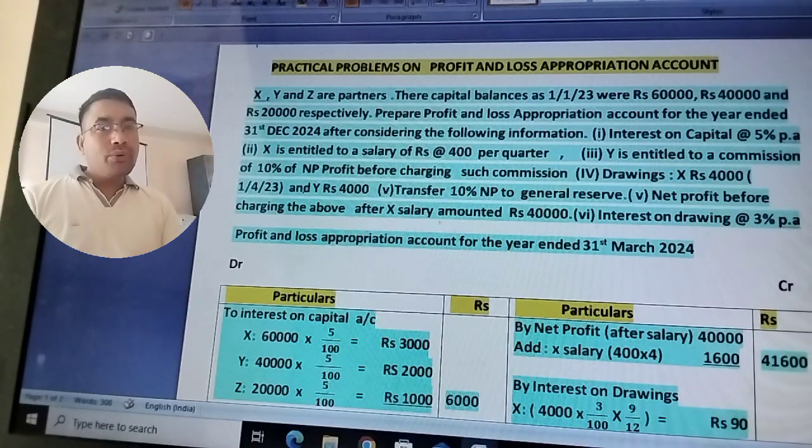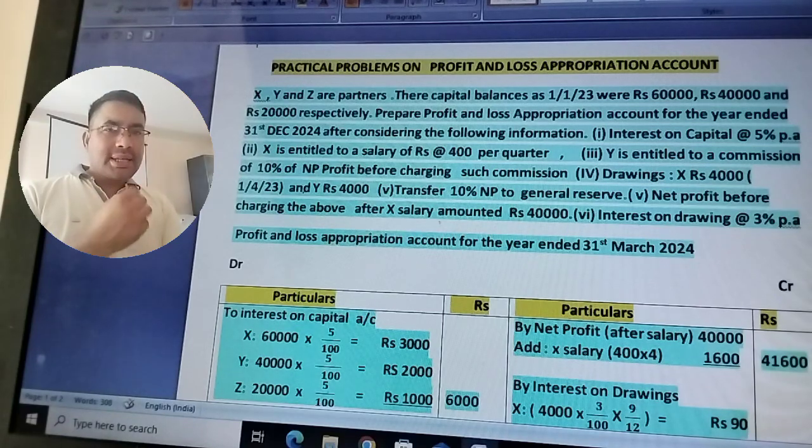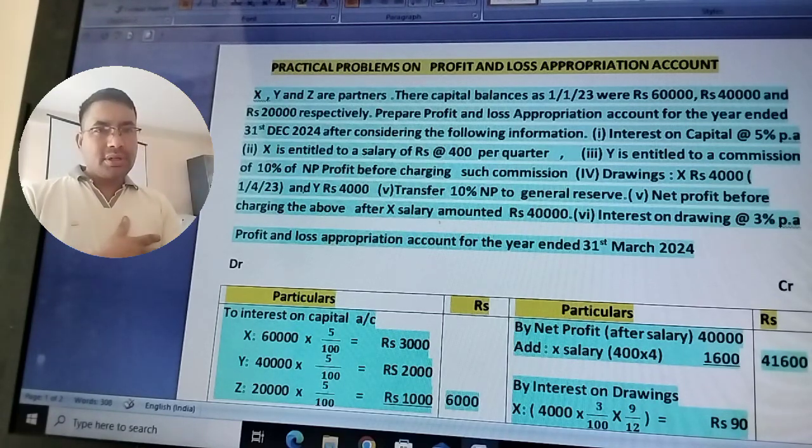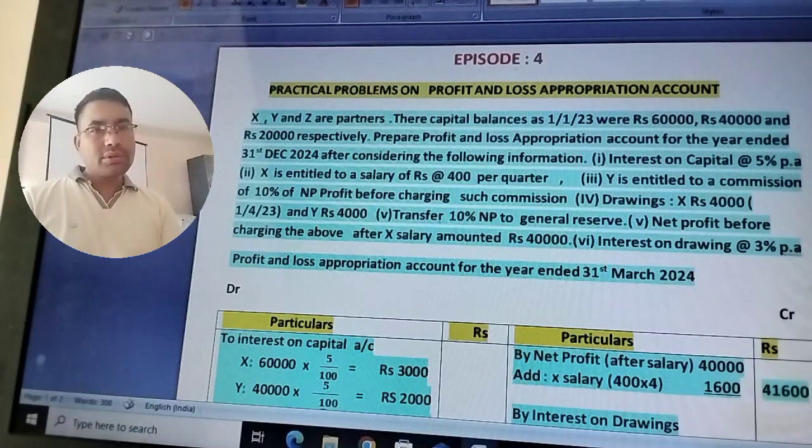Net profit before charging the above, but after X's salary, amounted to 40,000. This is very important. See, partner's salary is an appropriation of profit, whereas employee's salary is a charge against profit. If it is a manager's salary, then it could be deducted from profit and loss account. But partner's salary should be shown in the profit and loss appropriation account.